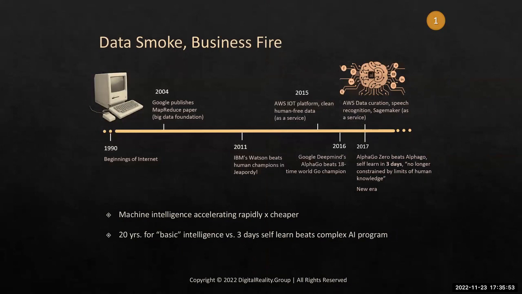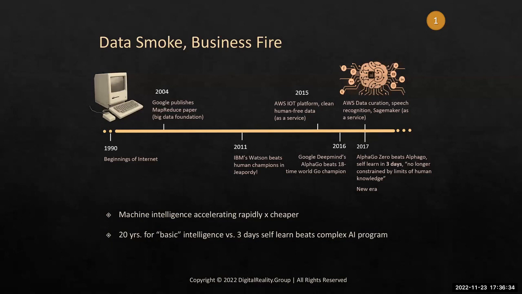So we're here to talk about the phenomenon that the industry is facing today. What is the underlying cause of it? This slide shows us a little bit of history of how machine intelligence is accelerating rapidly as things become cheaper. If you look at the first 20 years, from 1990 to roughly 2011, it took a long time for so-called basic intelligence to appear in the form of IBM's Watson.